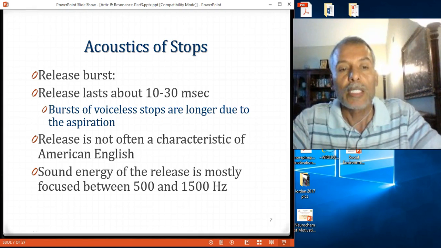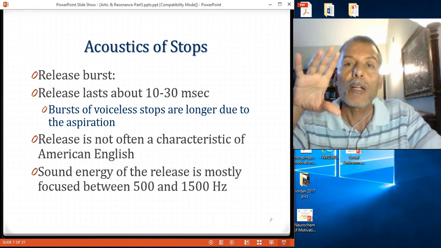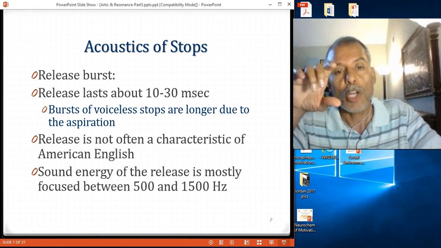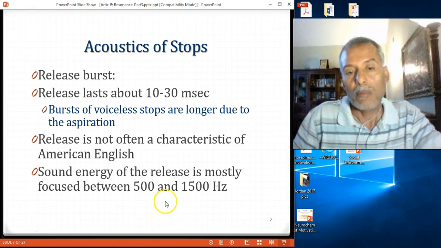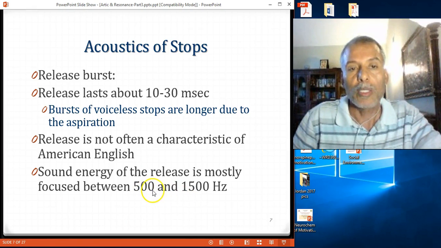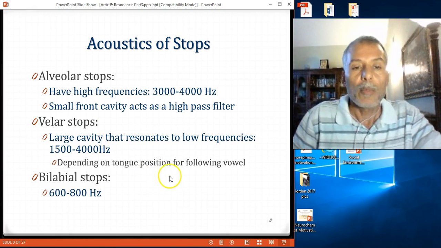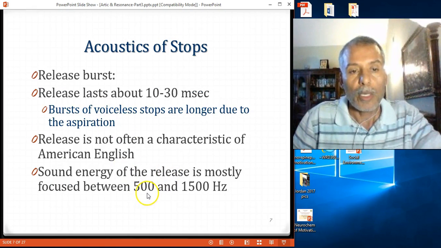The energy release is mostly focused between 500 hertz and 1500 hertz for the stops, so they tend to be in the lower frequency range. This is mostly for bilabial stops.